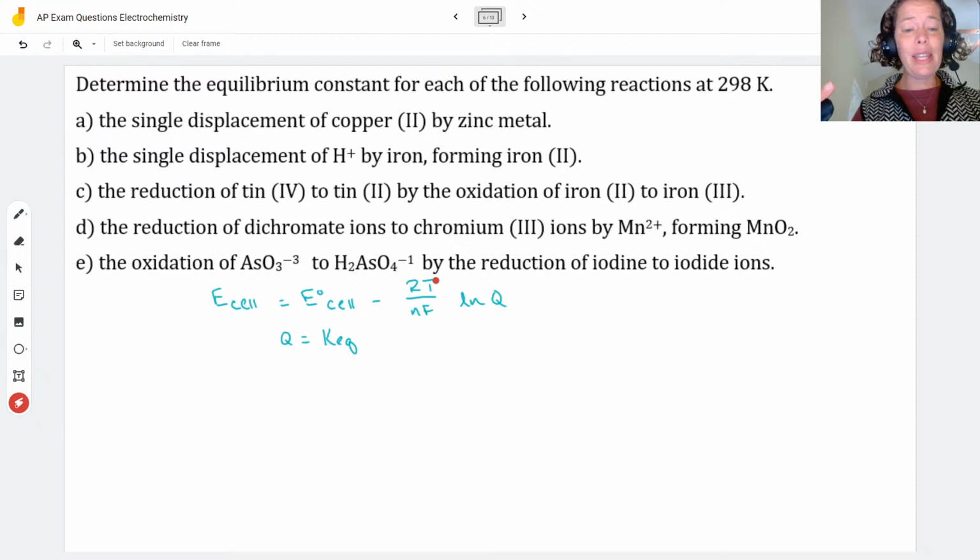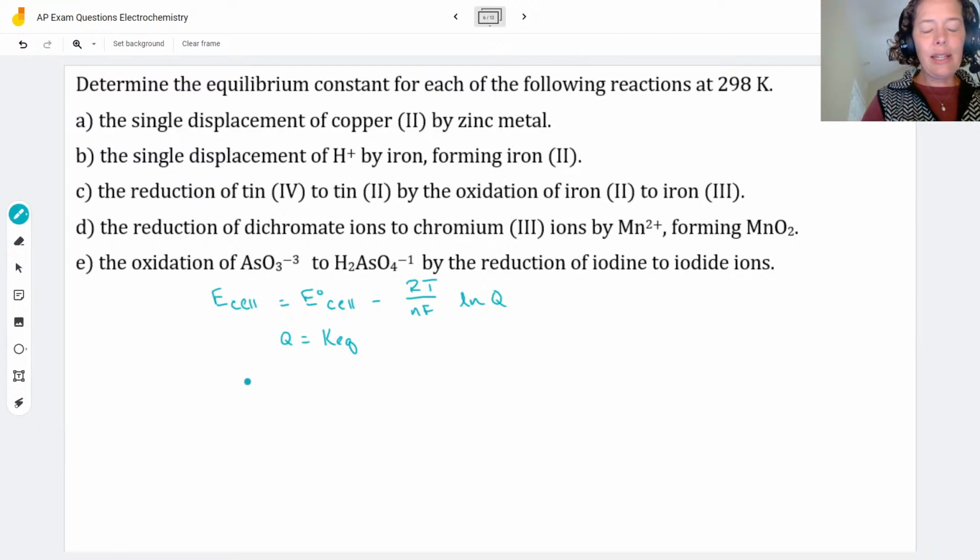So the common thing to do at this point is to actually take your natural log of Q and convert that into a log base 10. So this is an equation you will probably recognize. It's a very common one, and that is E cell is equal to 0.0591 over N. So that's your number of electrons that are transferred times log of KEQ.